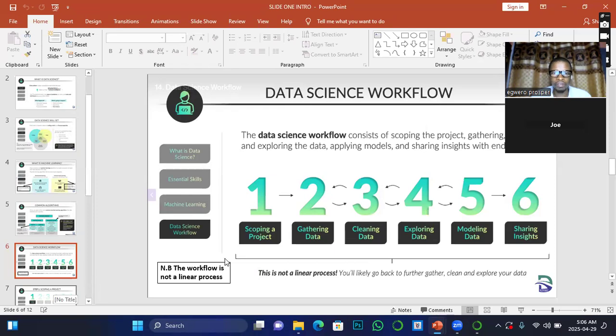And remember, I told us that they are not sequential, which means that there are times you explore your data before you clean the data. There are times you clean the data before you start your model. That's what these arrows are indicating.